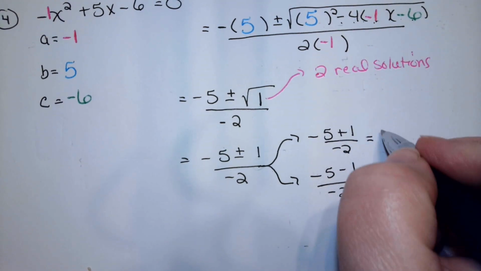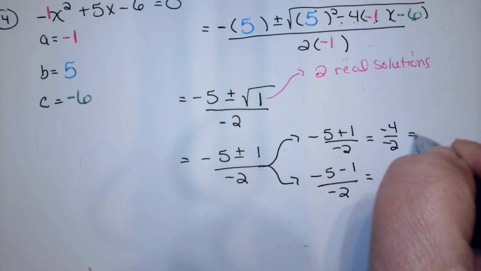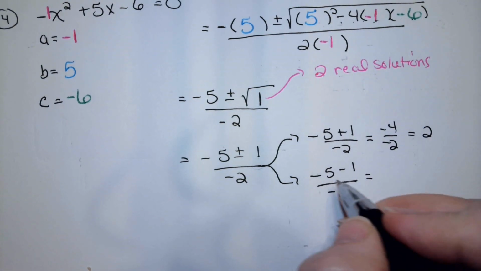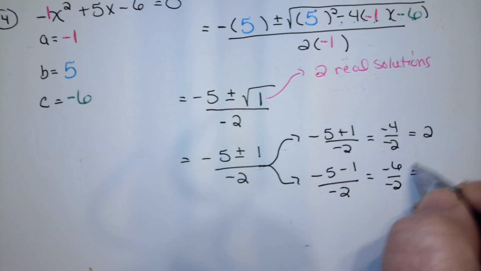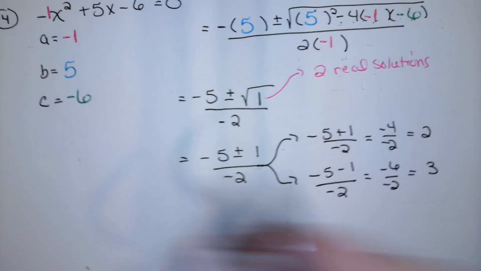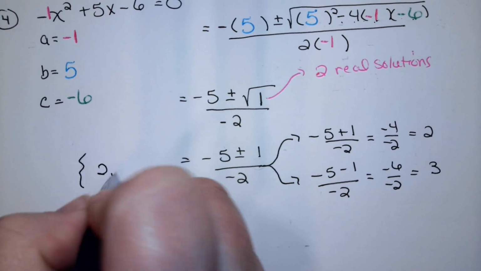Negative 5 plus 1 is negative 4 over negative 2, and that gives us a positive 2. Negative 5 minus 1 gives us a negative 6 over negative 2, and that gives us a positive 3. So our two solutions are 2 and 3.